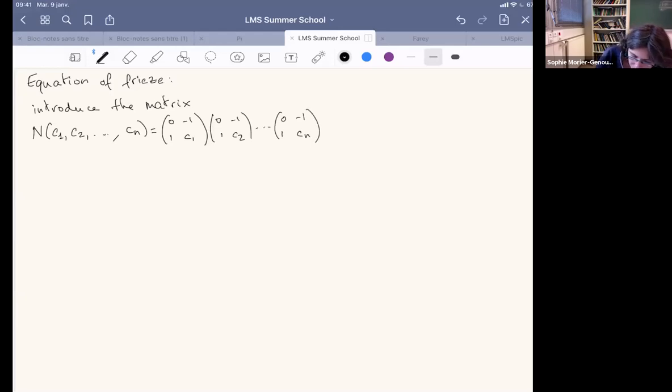Here, the C's can take any values, given n numbers, integer or whatever, complex.